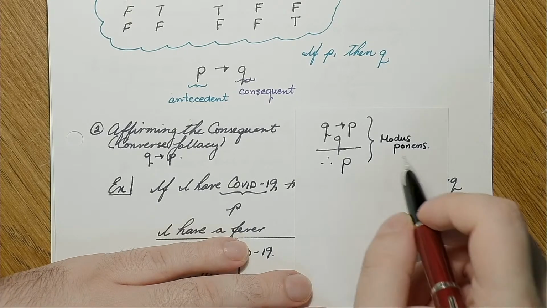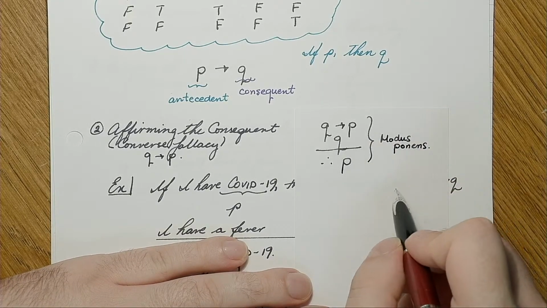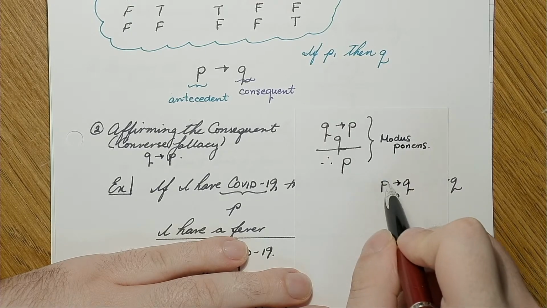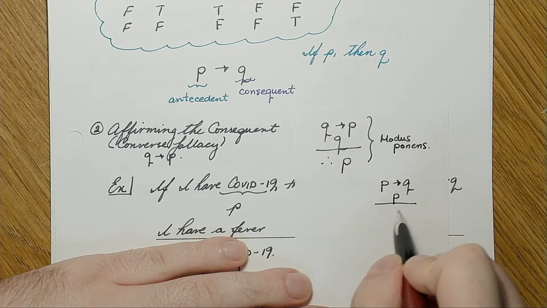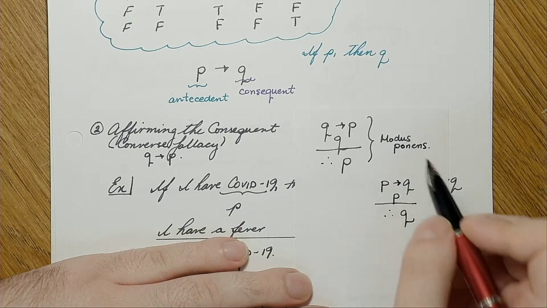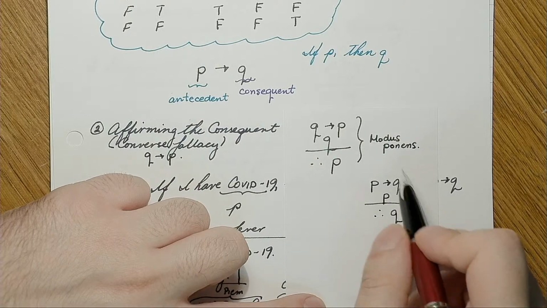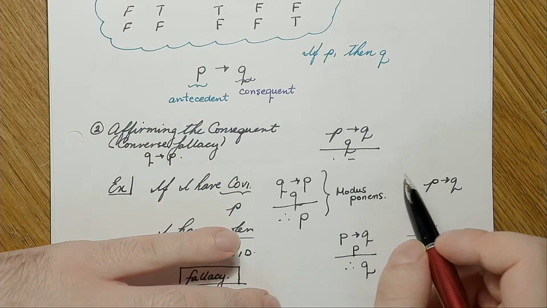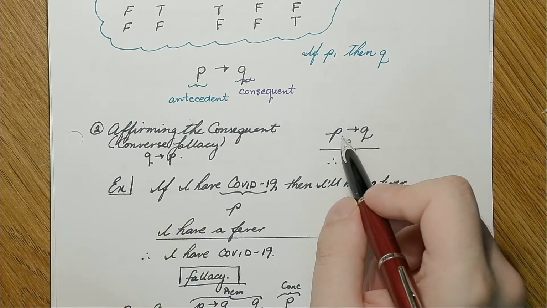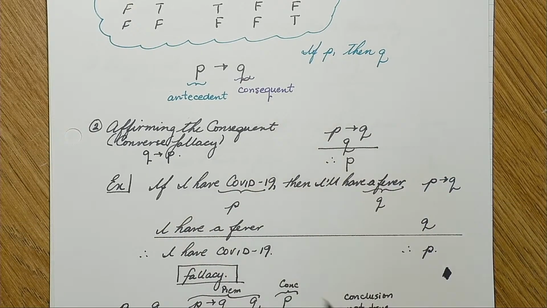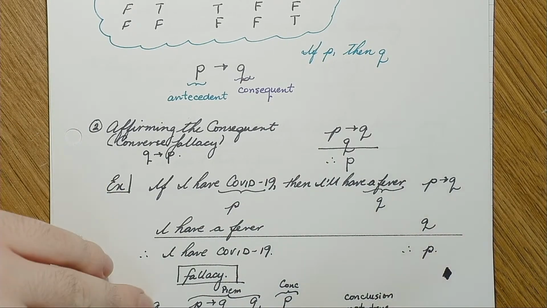It's written in a different way because we're used to seeing it as P implies Q. We have the antecedent, therefore the consequent, but we've just changed the order. It's okay, that's modus ponens. But the order does matter, and that's why they'll call it the converse fallacy. Somebody has made a mistake thinking that it's Q implies P, and that's not the case.